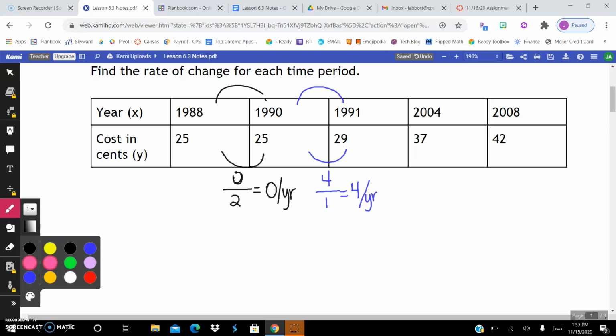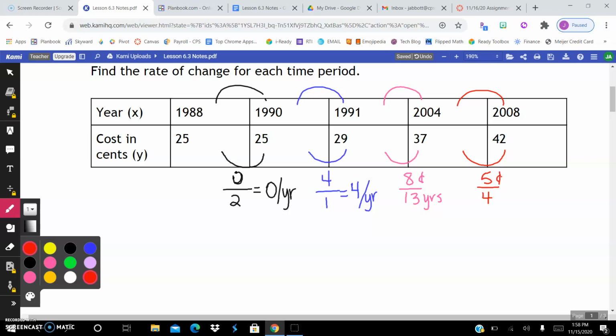And then next we have 37 to 29, so that would be a change in 8. And the years would be 13 there. So we have 8 cents per 13 years. And then our last one is 37 to 42, so that's a change in 5. And our years are changing by 4.